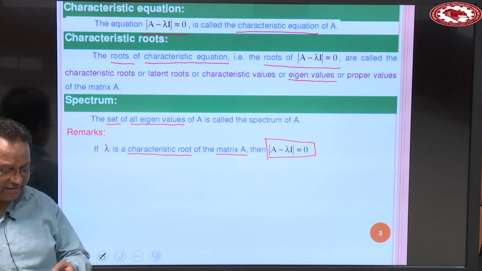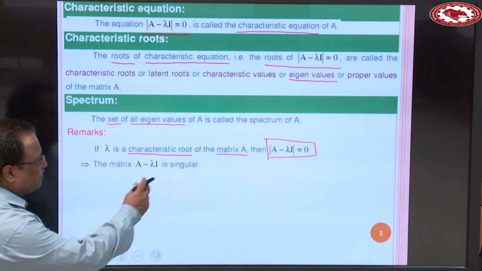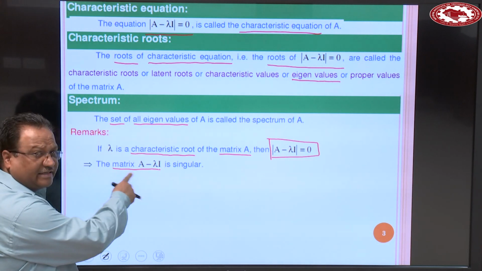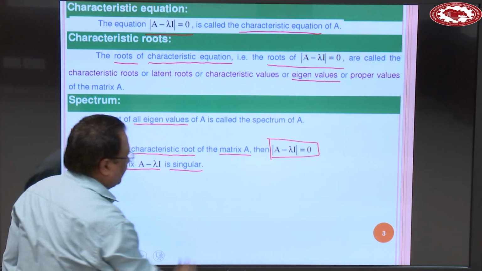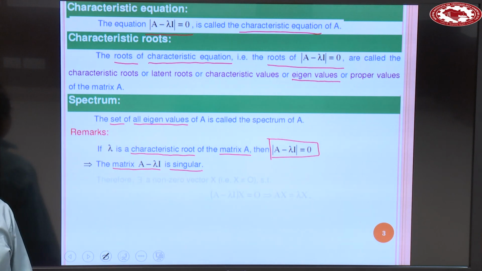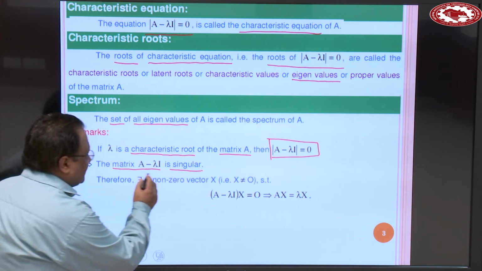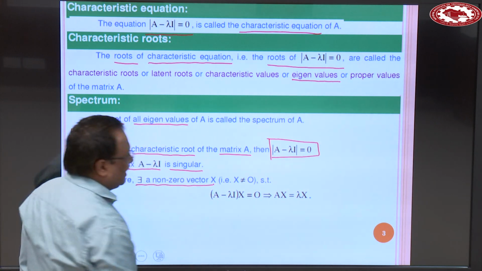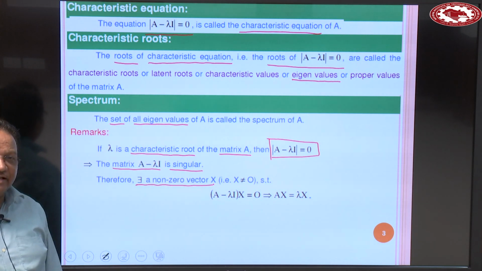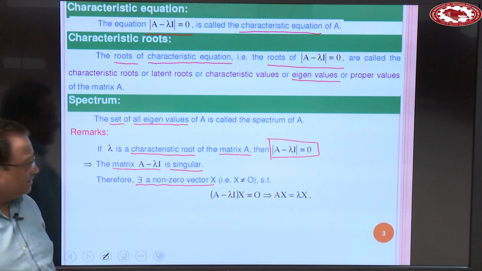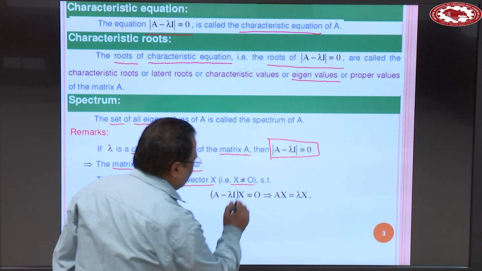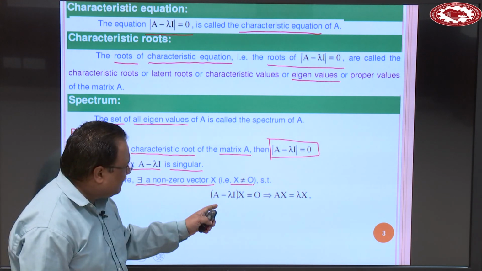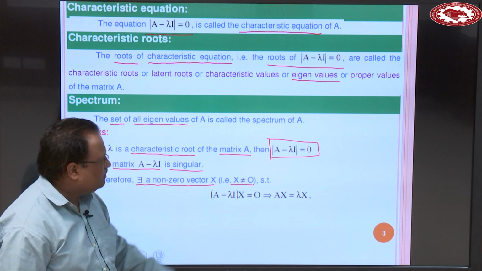Determinant A minus lambda I is equal to 0 means the matrix, this characteristic matrix, is singular, and characteristic matrix is singular means there exists a non-zero vector capital X. This means capital X is not equal to O, where O means null matrix, such that A minus lambda I x is equal to 0.